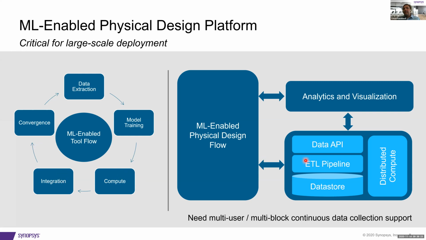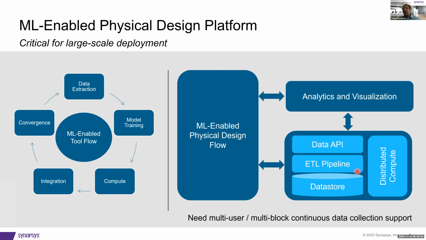This is just a very crude abstract of, if you really want ML to productize, you need to have an ML platform built into your tool, or really running alongside your tool. You have to have an ETL pipeline which is quickly pulling out data, very seamlessly, very efficiently, from your flow when it's running, right? And you have a data store and you have APIs. The APIs can be used to do analytics and visualization, which feeds back into the tool.